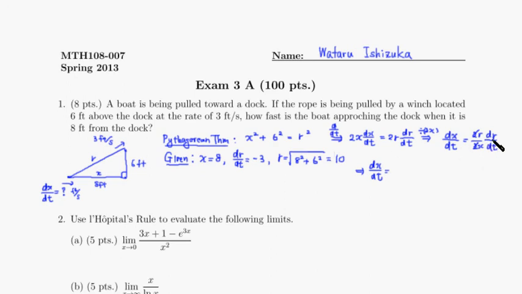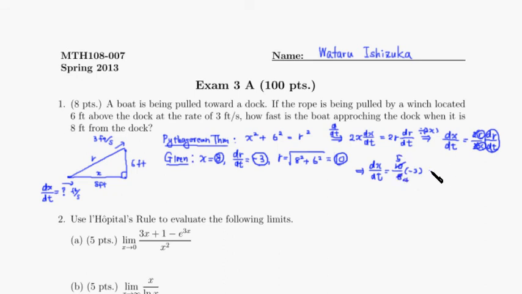And we actually know all these numbers. r is 10, x is 8, and dr over dt is given to be -3. So we can cancel: 10 divided by 2 is 5, 8 divided by 2 is 4.